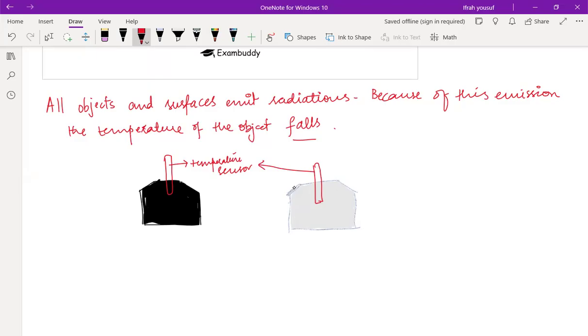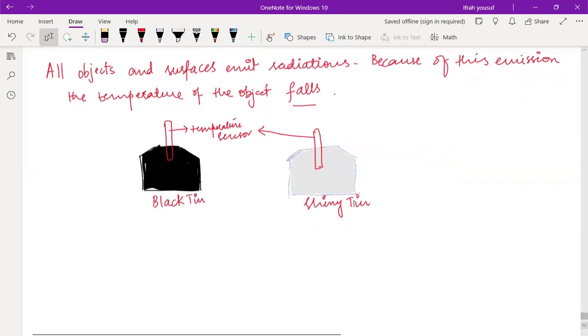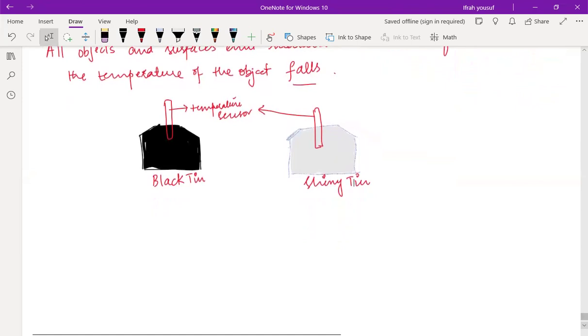So you can see the temperature sensors are sensing the temperature, right? And they are giving the reading to the data logger. Now what are we going to observe over here? This is going to be a black tin, and this is going to be a shiny tin. What are we going to investigate? Which one's temperature is going to fall quickly.